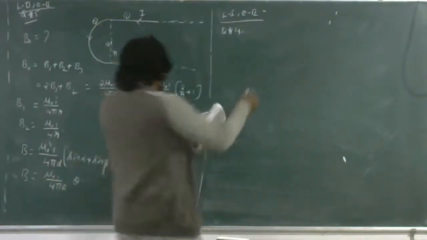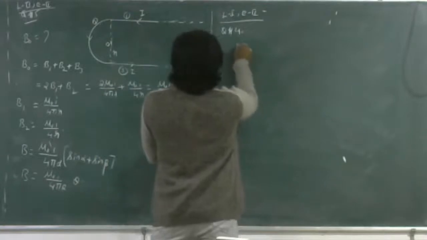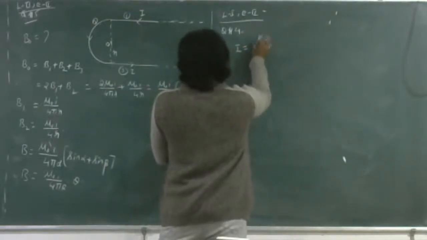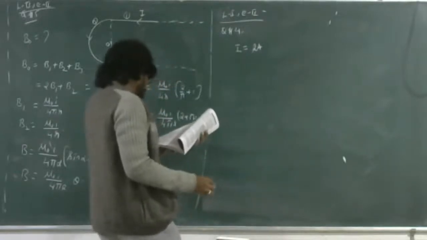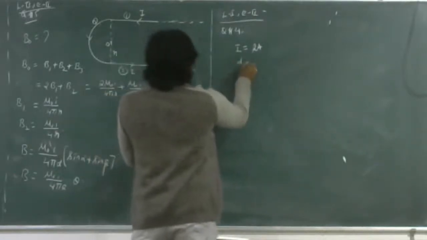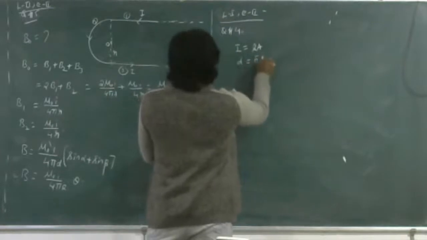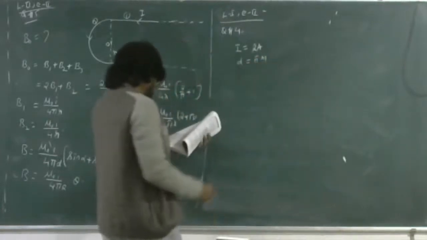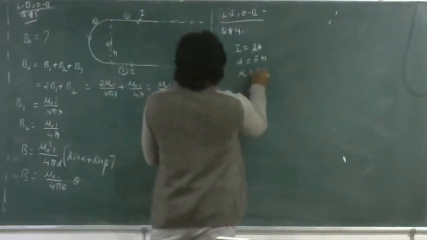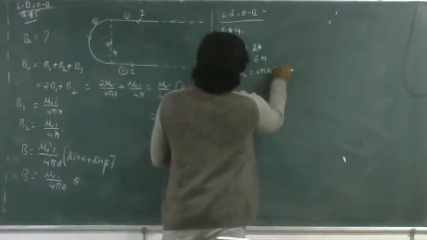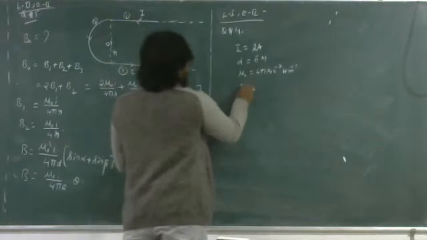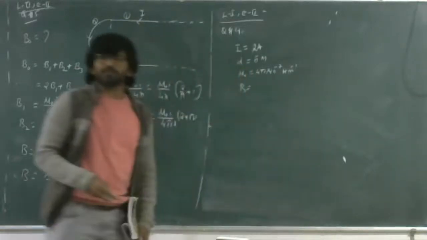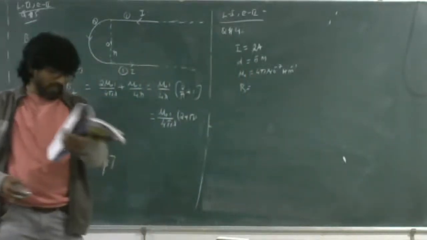So a long straight wire carries an electric current I equal to 2 ampere. The perpendicular distance d is equal to 5 meter from the wire. What is the magnetic field at that point?